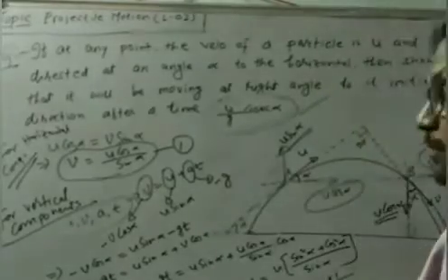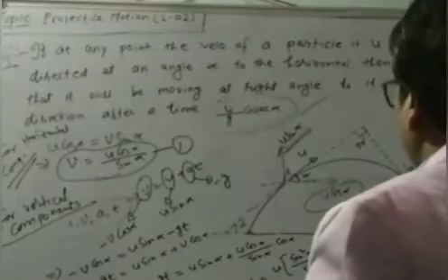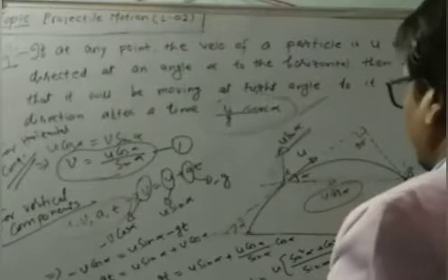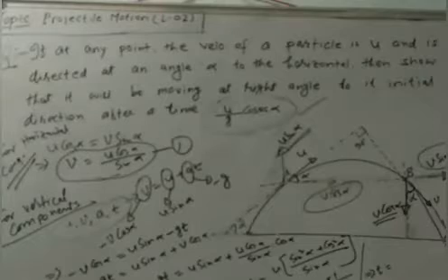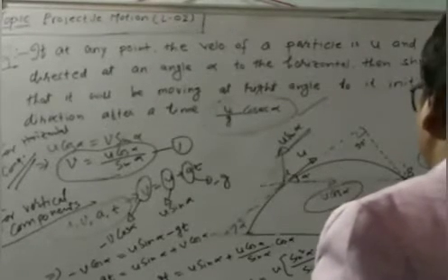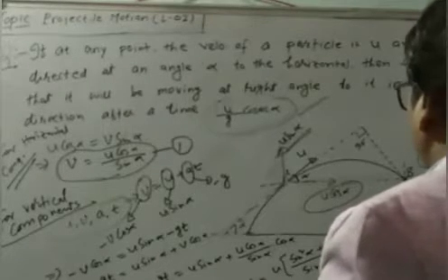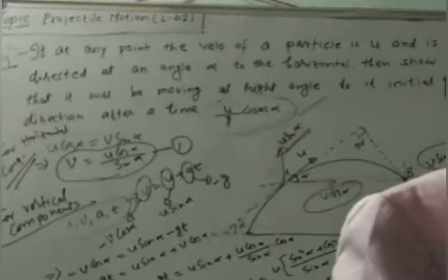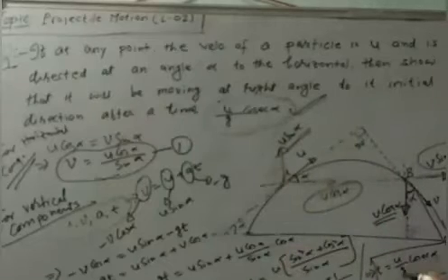So u into 1 will give you u, and finally you will find t equal to u by g, and 1 by sin alpha will give you cosec alpha. That means t equal to u by g cosec alpha, which is the result you need to prove. Proved.